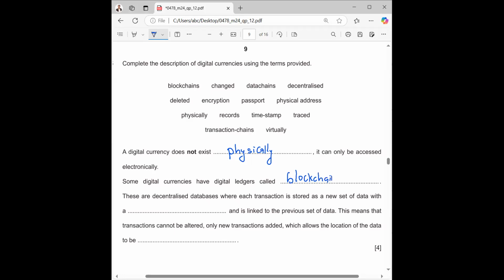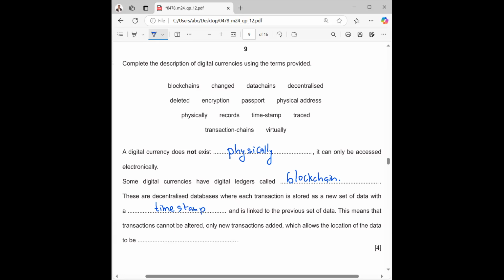Blockchains are decentralized databases where each transaction is stored as a new set of data with a, what do you think? With a timestamp, and is linked to the previous set of data.